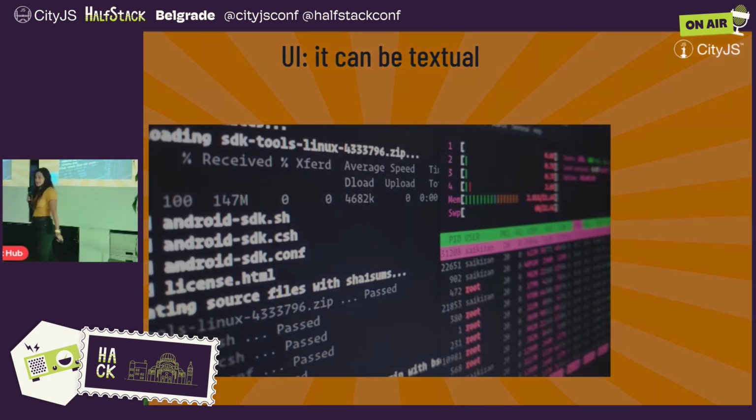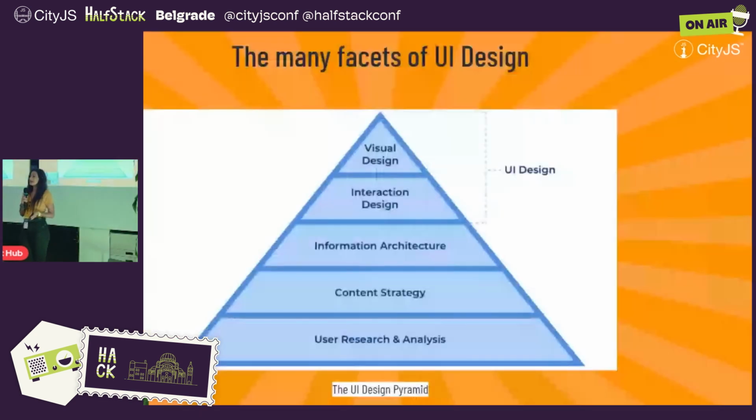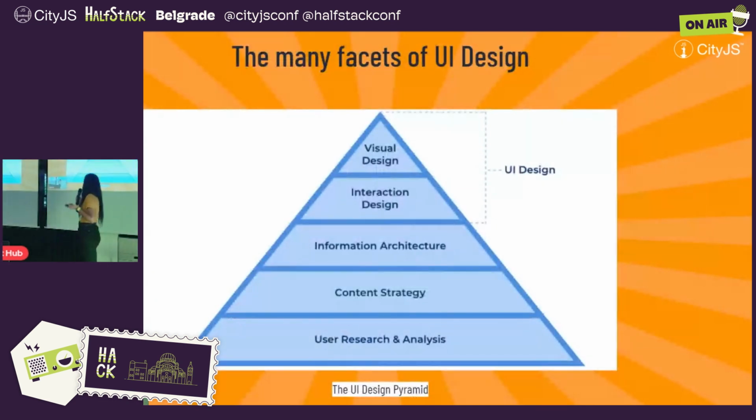Okay, so what does a UI designer do? Again, I have the same pyramid, only this time we will focus on the top 2 layers: interaction design and visual design. Basically, when we have all the information from all the other stages, this is when the UI designer comes in and handles the rest. But first, we do need things such as research, which is something a lot of companies forget to do.